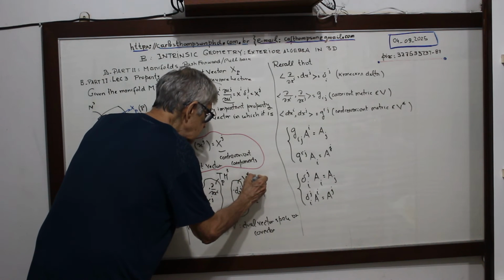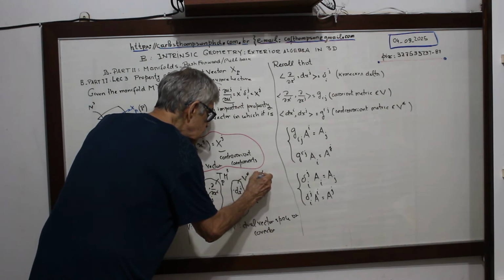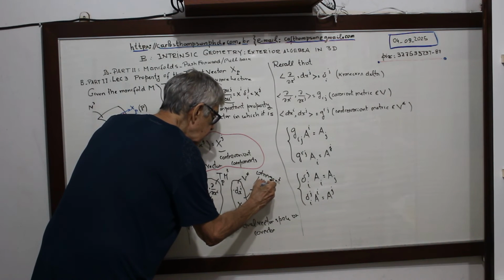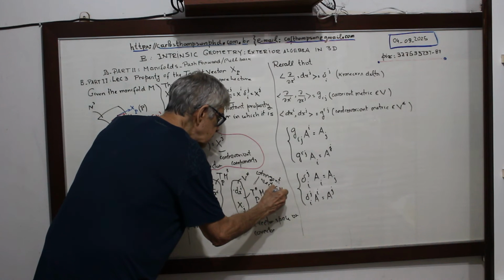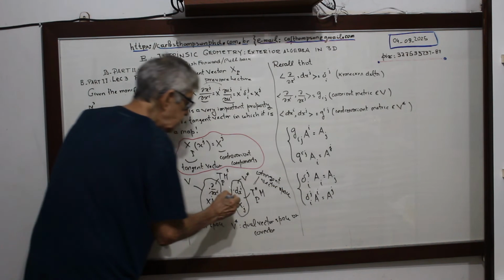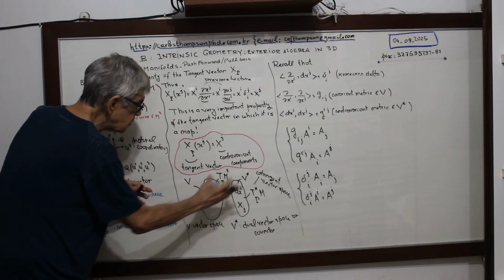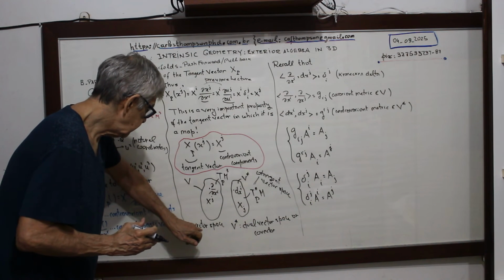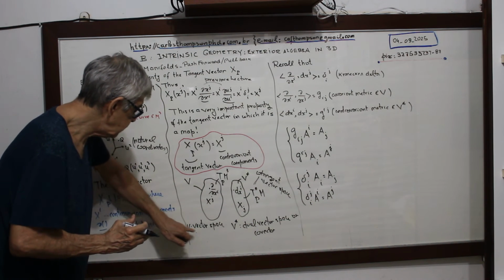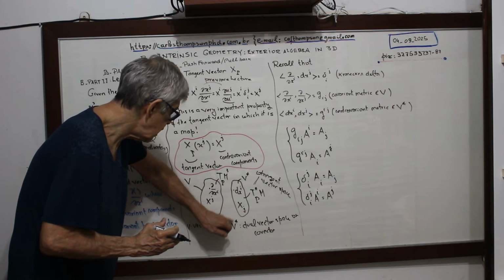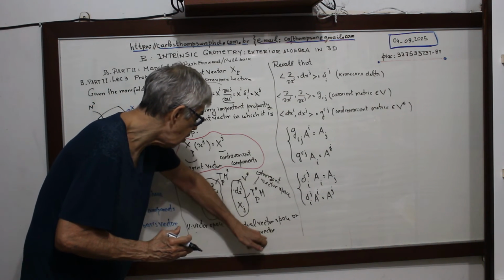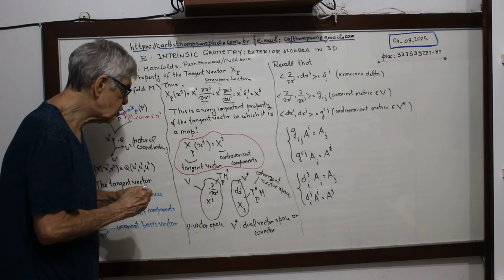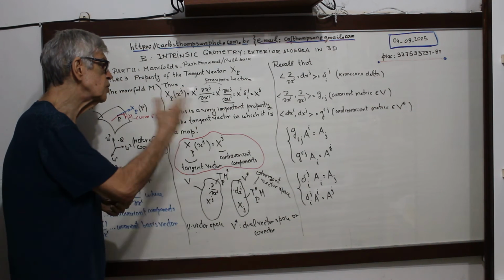Don't forget that. This is the tangent vector space, this is the cotangent vector space. Here capital V is a vector space. V asterisk is the dual vector space, or the covector space. I showed this in previous videos.